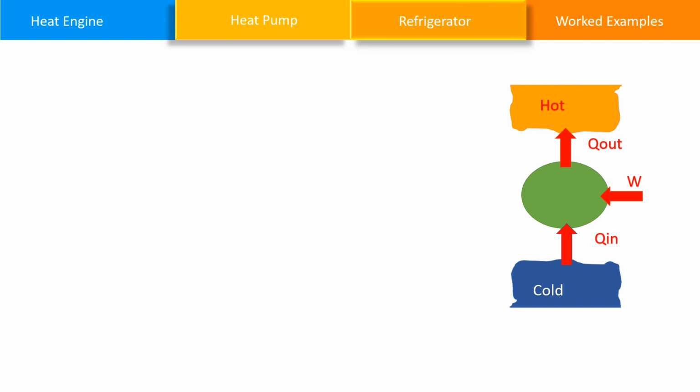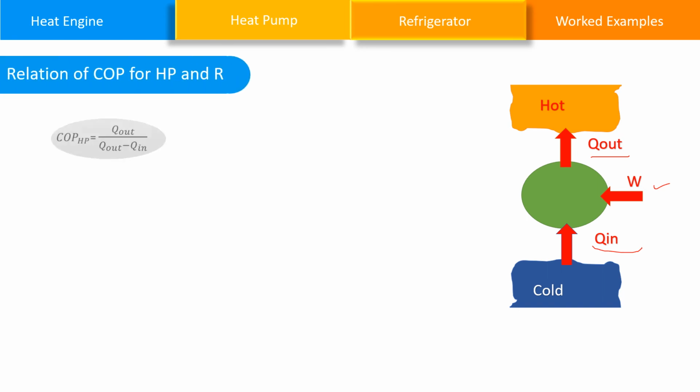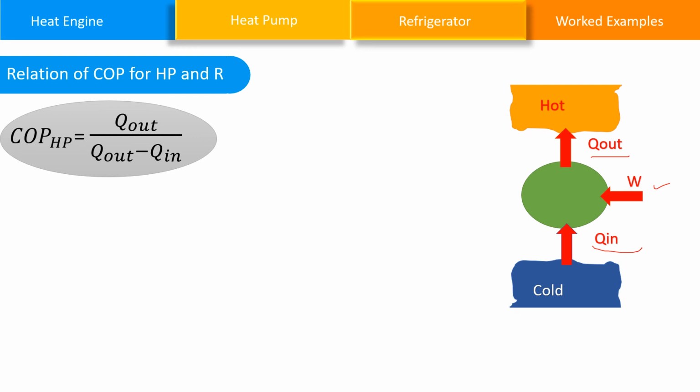So Q out, Q in and W have the same value, and this is working as a pump. So for a pump, Q out upon Q out minus Q in will be my COP. Remember that this will always be greater than 1 because the denominator is less than Q out. We are subtracting something from Q out, so this will be less than Q out. But the numerator will always be Q out, which will be greater than the denominator.